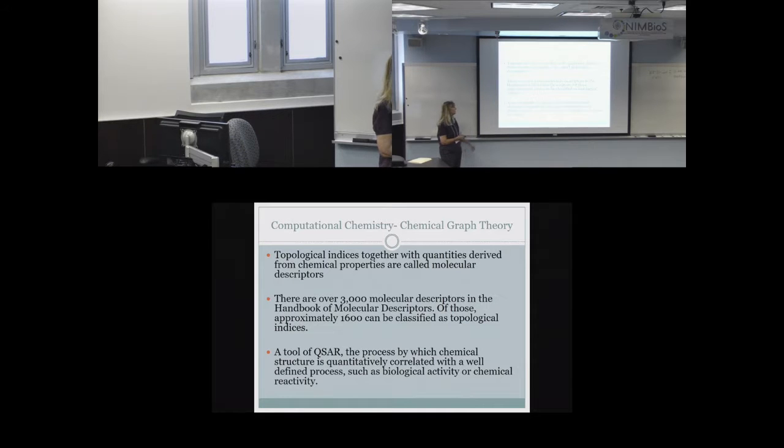So the relationship between the activity of a chemical molecule with respect to its structure. And these are called molecular descriptors, these values assigned to the molecules that they use to build these QSAR models. And topological indices are just a type of molecular descriptor. They are also based on other properties of the molecule.